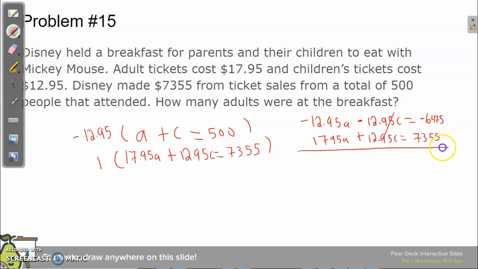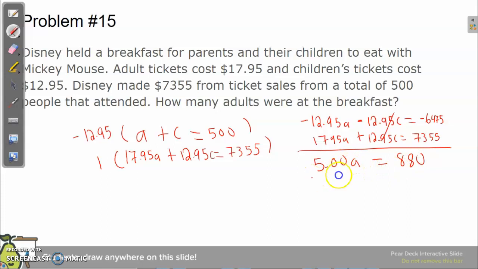They're gone. You combine, this leaves you negative 12.95 plus 17.95. That is 5, which equals, you combine this, so negative 6,475 plus 7,355. Let me go ahead and do that. And that gives you 880.